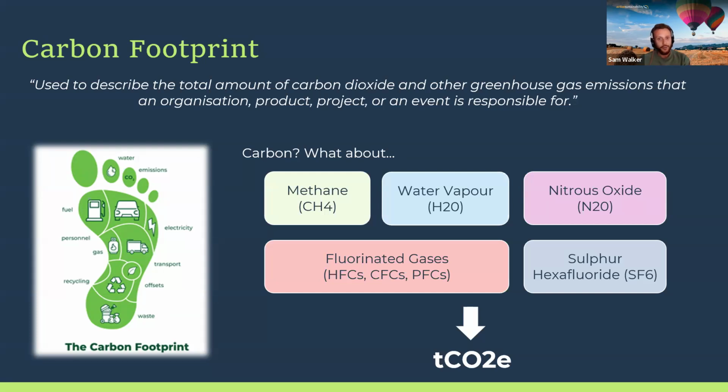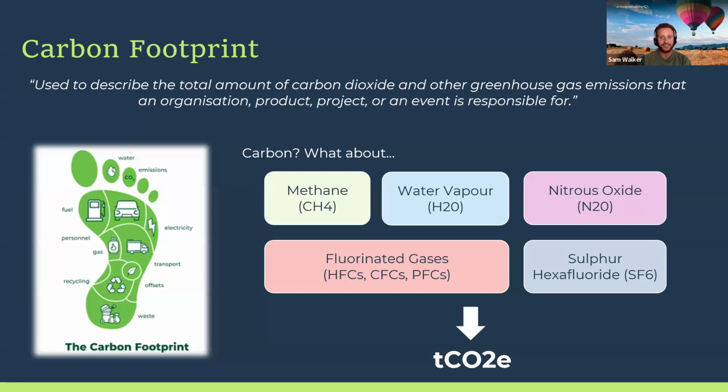As a result of all these other gases, what we tend to do is use a ton of CO2 equivalent calculation, which basically includes all these other gases. A calculation has taken place to say, okay, we know that 1 unit of methane is the equivalent of several units of CO2.